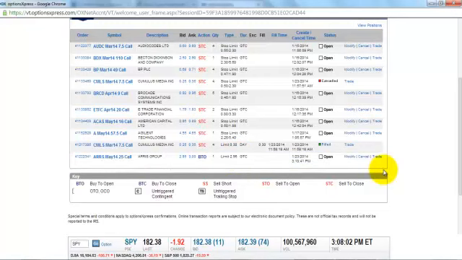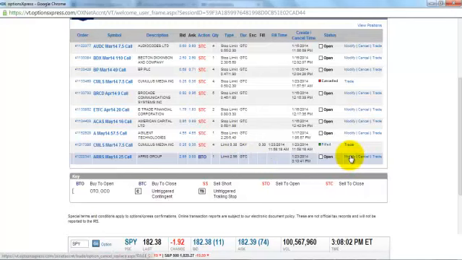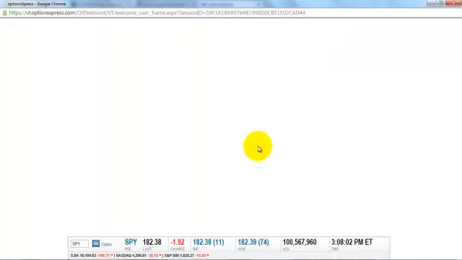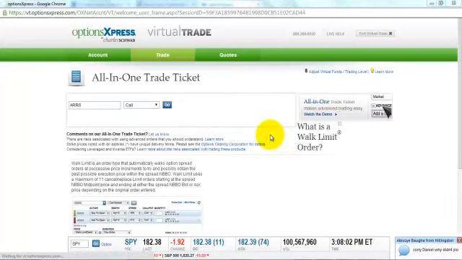So for example, just in case your order has been filled, then you can go ahead and place your stop limit order. Let me quickly modify this. Let's get this order filled so I can show you how to place your stop limit order after getting the order filled. So just imagine this order has been filled.